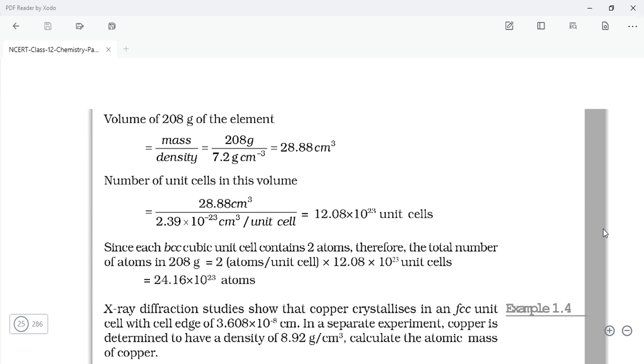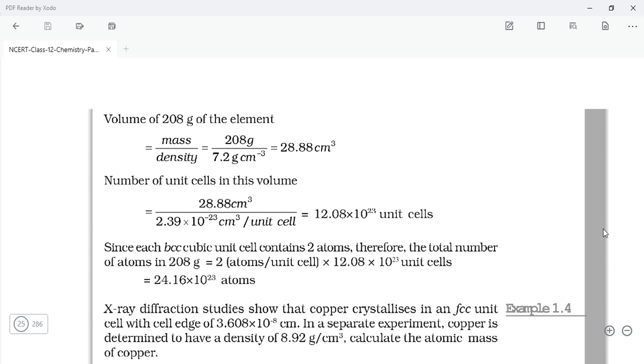Since each BCC cubic unit cell contains 2 atoms, therefore the total number of atoms in 208 gram is equal to 2 atoms per unit cell into 12.08 into 10 to the power 23 unit cells. That comes out to be 24.16 into 10 to the power 23 atoms.